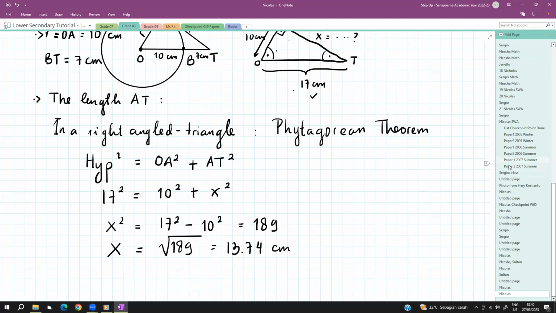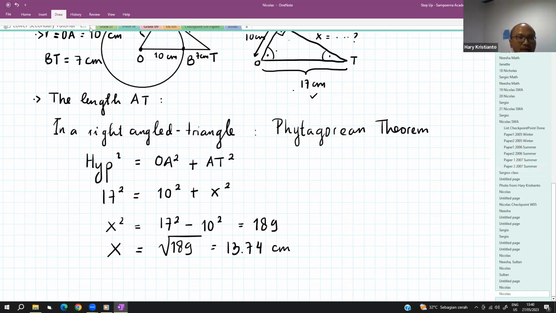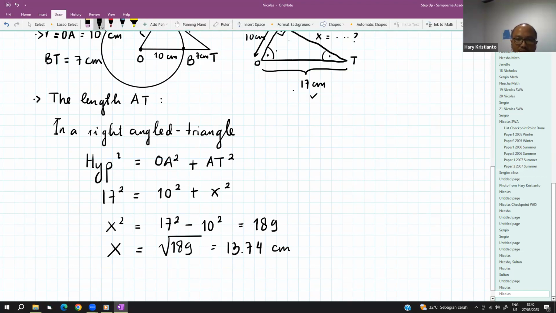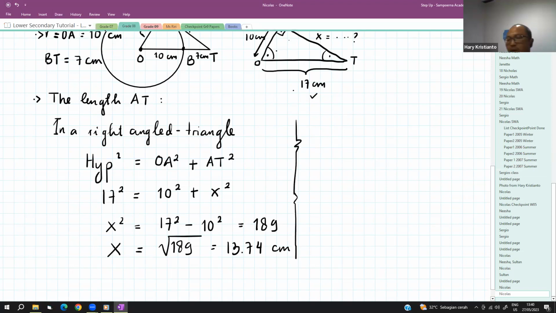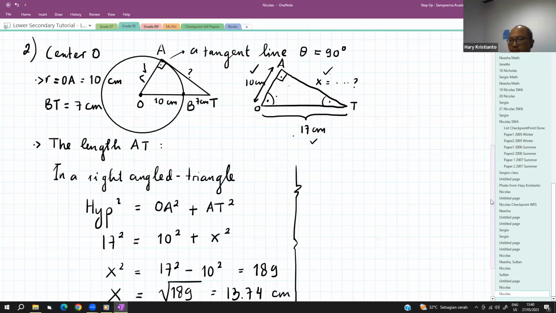Now, after you get the side using Pythagoras, we can answer the next question, which asks for the angle BTA.